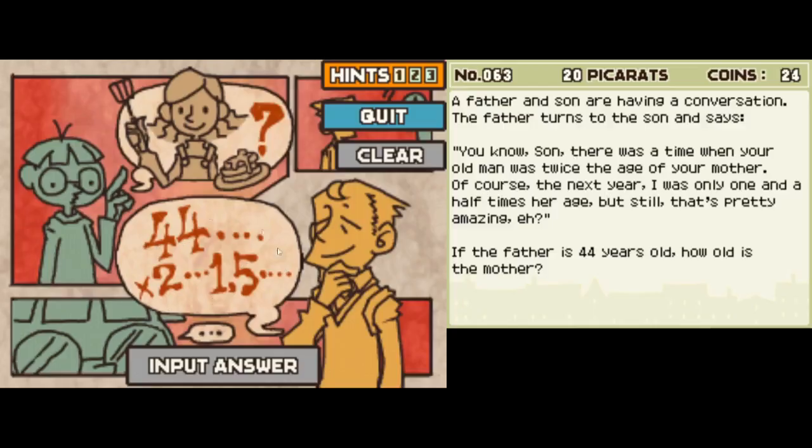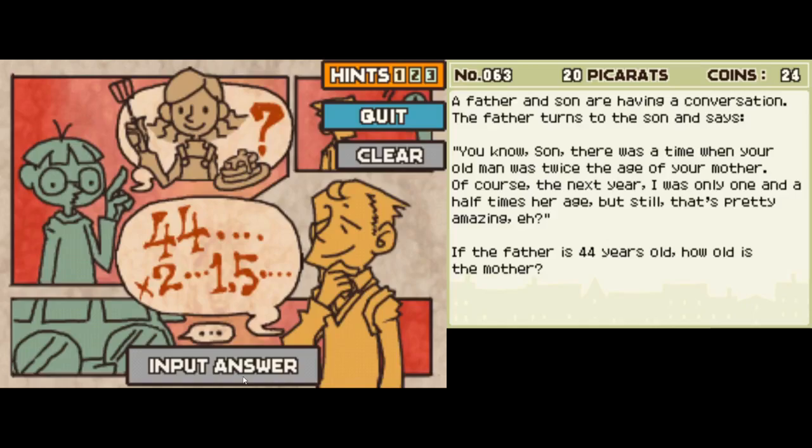Yeah, so basically we have an algebra style question. I don't know, equation, or 44 times 2, 1.5. Not quite getting there. Yeah, basically it's an equation. I was never good at math.